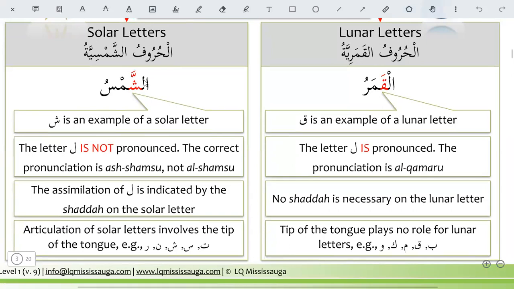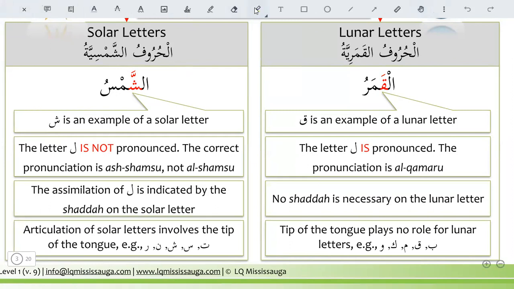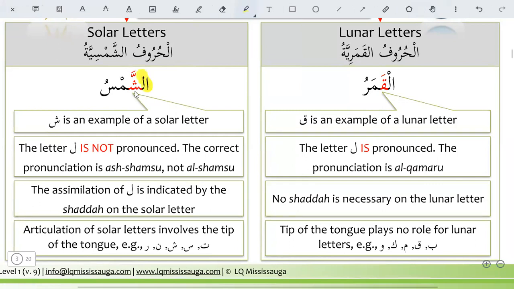We add alif lam, and then the sheen. This lam we don't pronounce. We pronounce it ash-shamsu. The lam we skip.